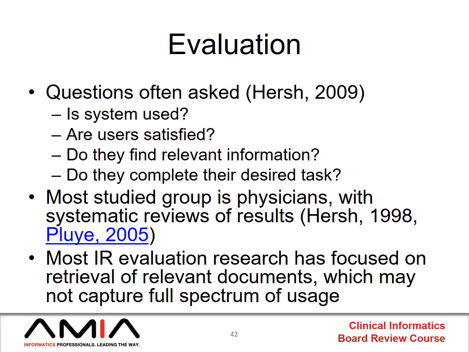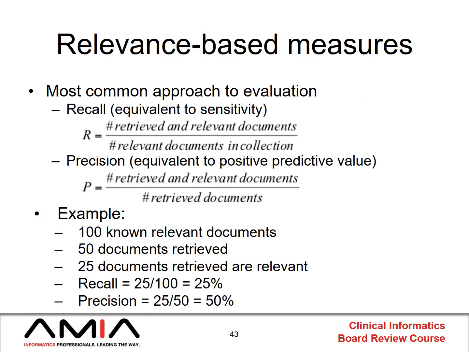And that's an important question, but it may actually not capture the full spectrum of what we want to look at in evaluating retrieval systems. But the metrics of measuring the success of relevance did show up on the initial board exam.